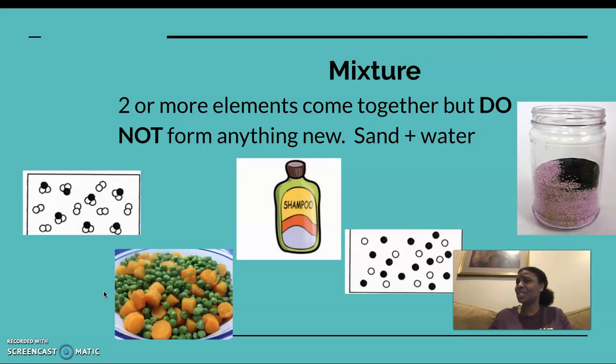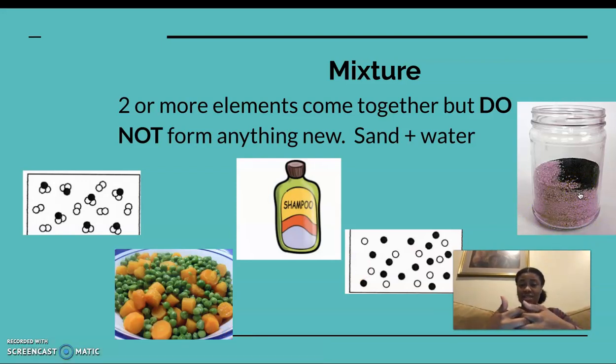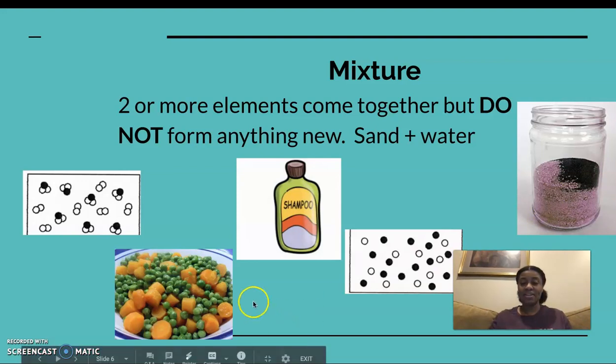When I look in there, I'm still going to see rocks and water. That's a mixture, right? If I take some colored sand like over here and some iron filings and I mix them up, the sand and the iron filings are mixed together, but I'm not going to form anything new. So it's not a compound, it's a mixture.